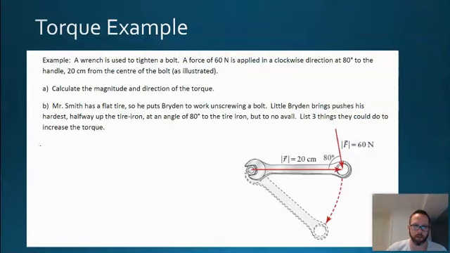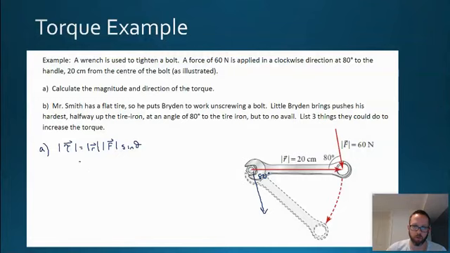So the magnitude will be easy. The magnitude of the torque is the size of that displacement R, times the magnitude of the force, times the sine of the angle between them. And if you laid these two guys tail to tail, the angle between them is also 80 degrees.